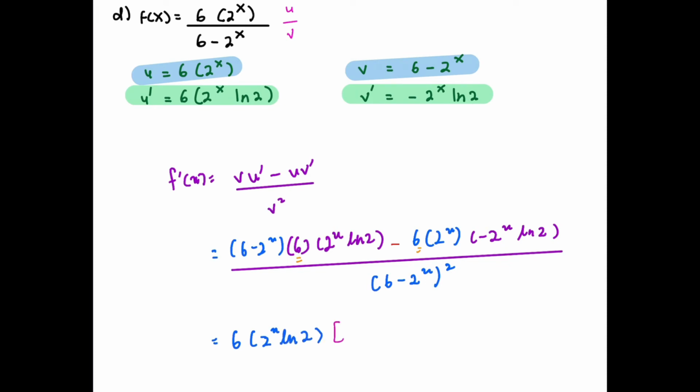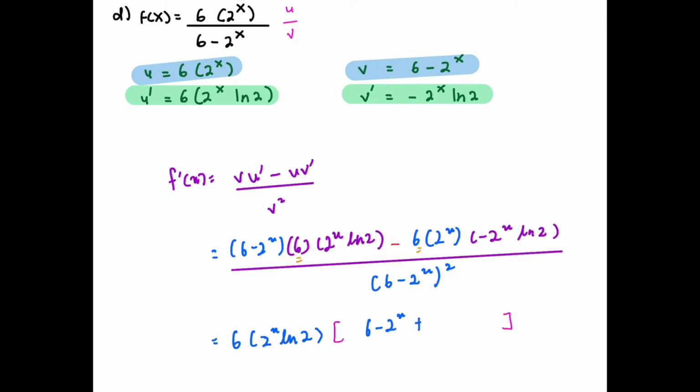Let's focus on what should be inside the bracket here. So let's take the first term, divide by this. 6 divided by 6 is 1. This term divided by this term is 1 also. So you are just left with 6 minus 2 to the power of x. Okay, now let's see the next one. Minus times minus is plus.